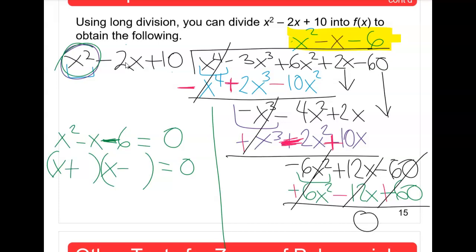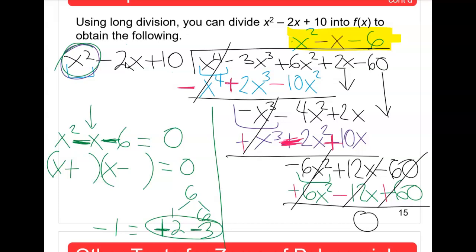And factors of 6, we could have 1 and 6, but we could also have 2 and 3. And because we know 1 is positive, 1 is negative, the one with the biggest absolute value will keep the negative sign, so that will be the 3. And the 2 will be positive. Because 2 minus 3 is equal to negative 1, and that's what we needed for the term in the middle.